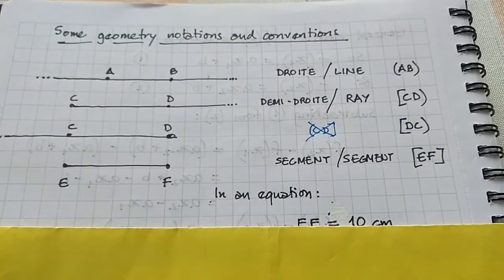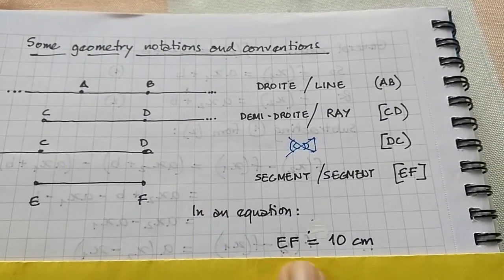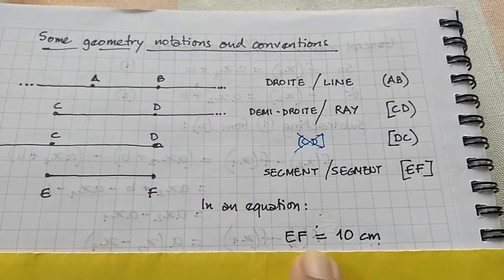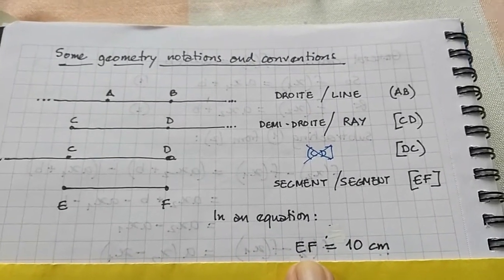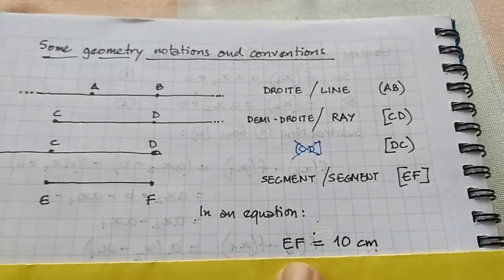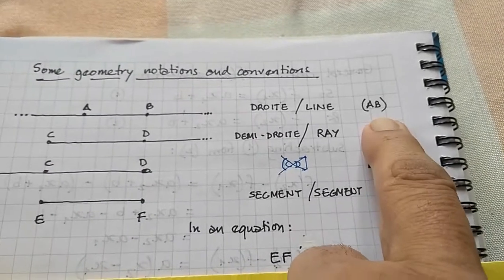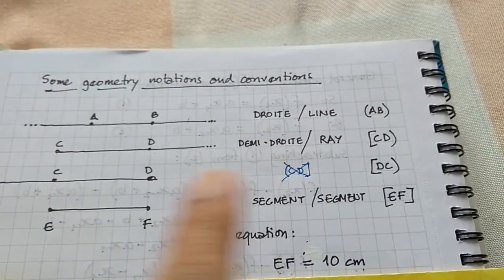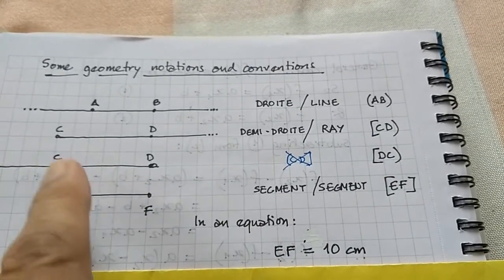Okay. In an equation, when you write the length of a line, then you write EF est égal à 10 cm. So actually what I said was length of a line, you always have a length of a segment. Between 2 points, it's always a segment. There is no ambiguity about it. You couldn't have the length of a line like that, because that length is infinite. Similarly, the length of this is infinite. Similarly, the length of this is infinite.